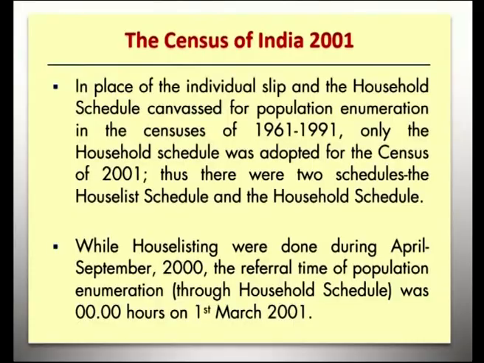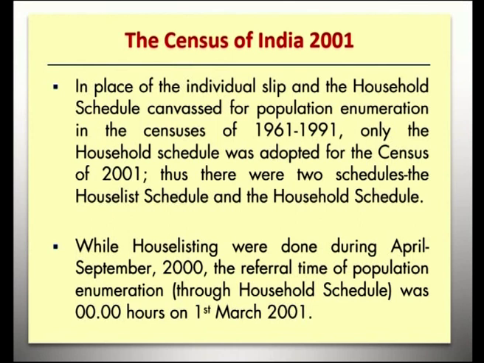Next, the census of India 2001 was considered. In place of the individual slip and the household schedule canvassed for population enumeration in the censuses of 1961 to 1991, only the household schedule was adopted for the census of 2001.